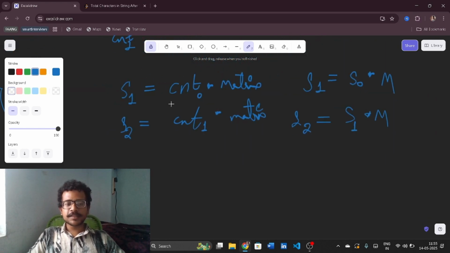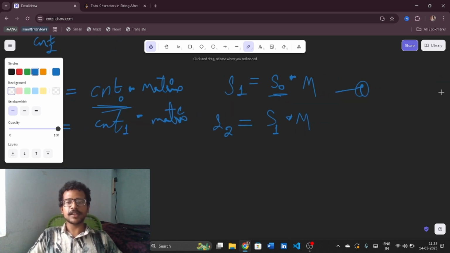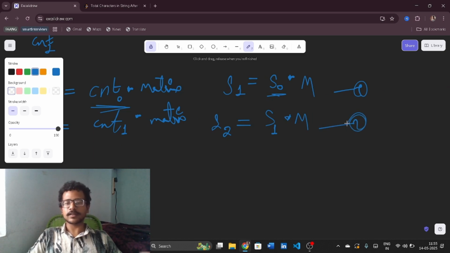Now, instead of taking it as a count, I just took it as S0. Take this as equation 1. It's basic 10th class maths. Put equation 1 in equation 2: S2 is equal to S0 into m into m.